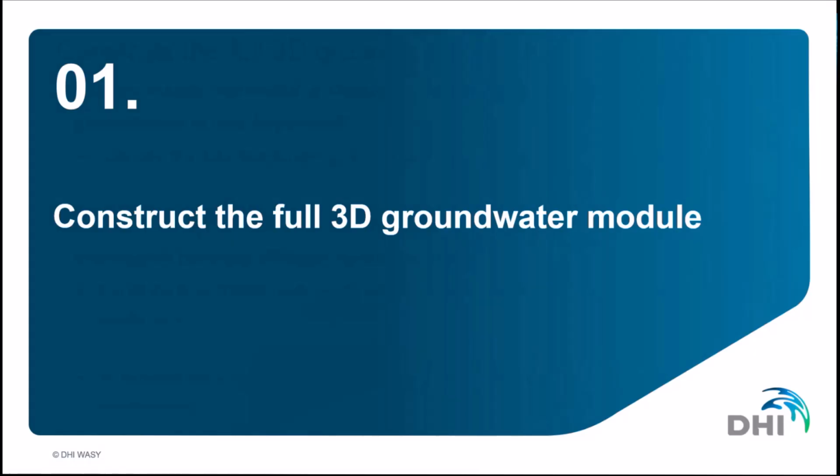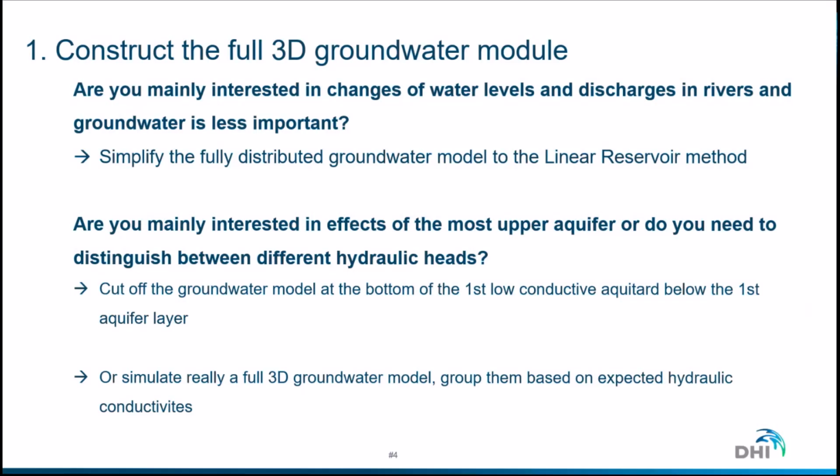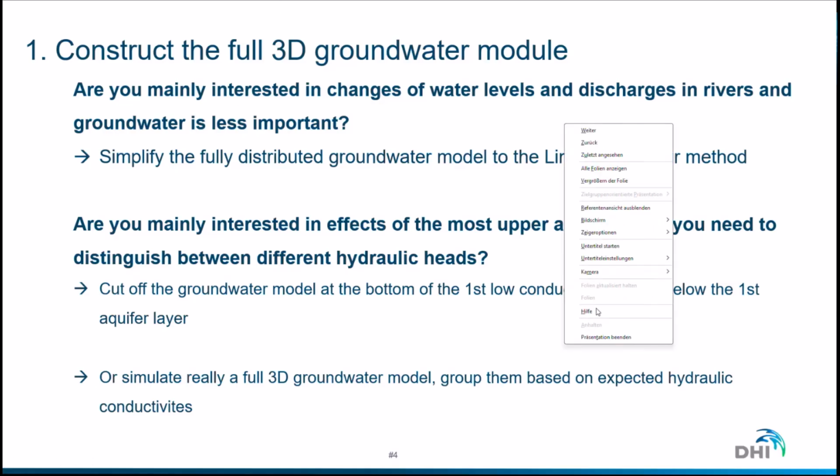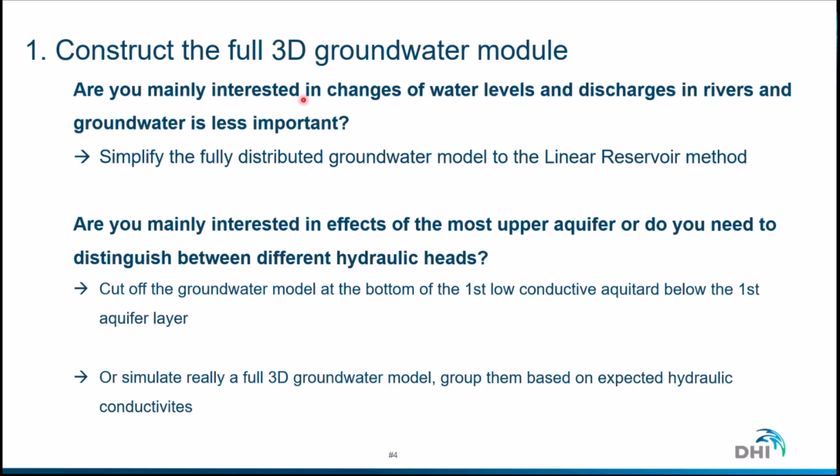How to construct the full 3D groundwater model. Again, I apologize directly for a lot of text, but this is how you should start, right? Before you even start creating your groundwater model, you need to think about really how complex should it be. So are you mainly interested in the changes of water levels and discharges, and groundwater is not the main focus?